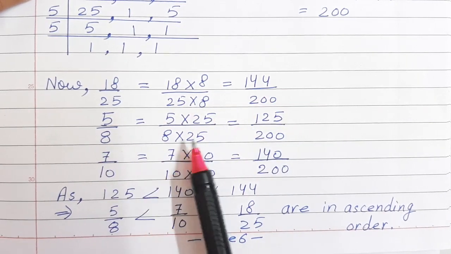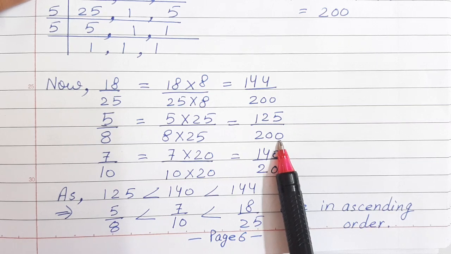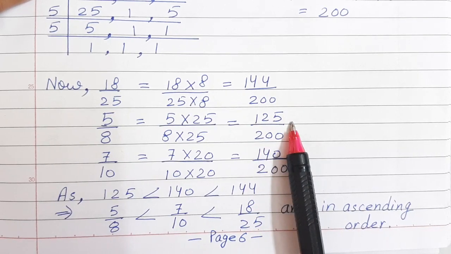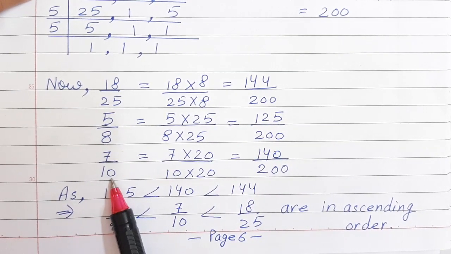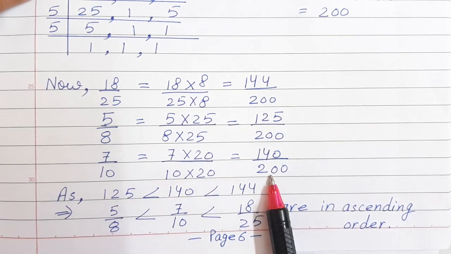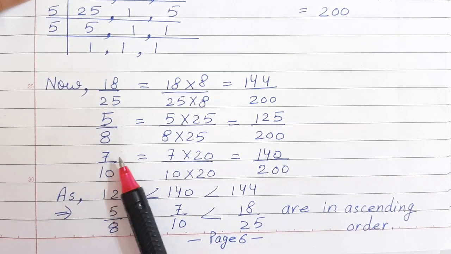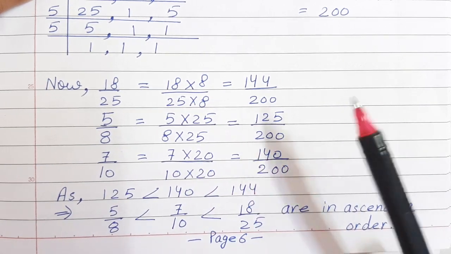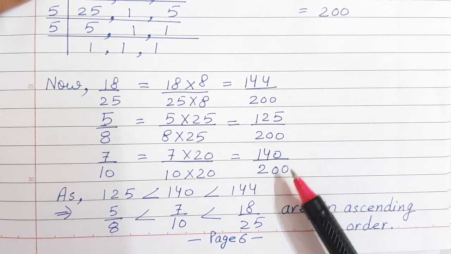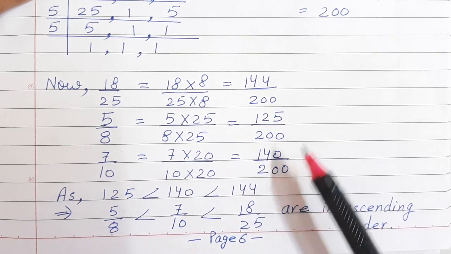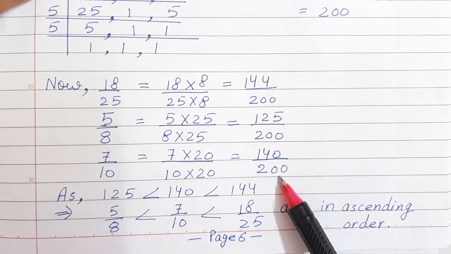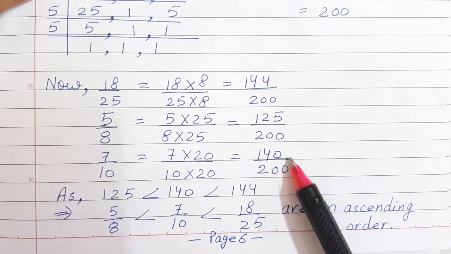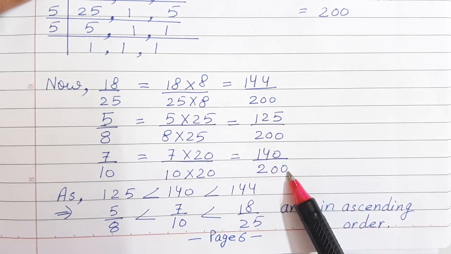Similarly, 8 25s are 200, so we multiply 5 with 25, so it is 125. Now 10 into 20 is 200, so we multiply the numerator also with 20. It is 140. Now children, you can see that all the denominators are same. So these all are like fractions. Always remember, whenever we make changes in the denominator, the numerator will also get changed.